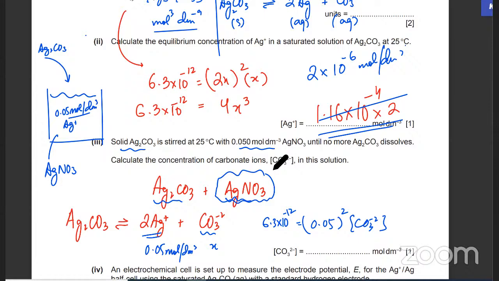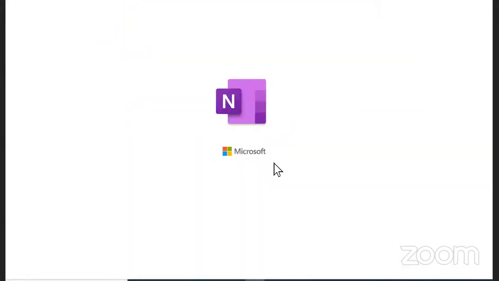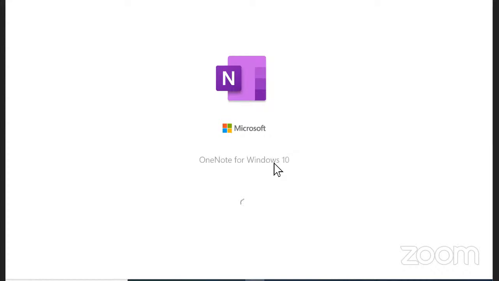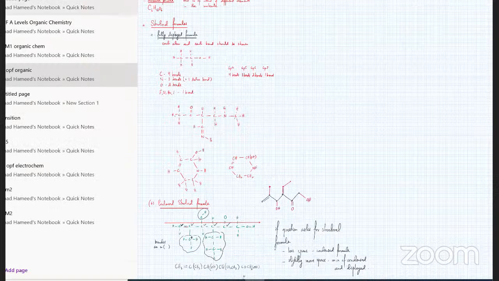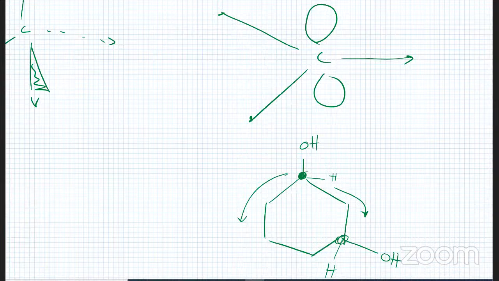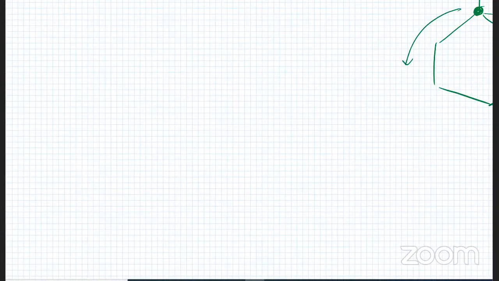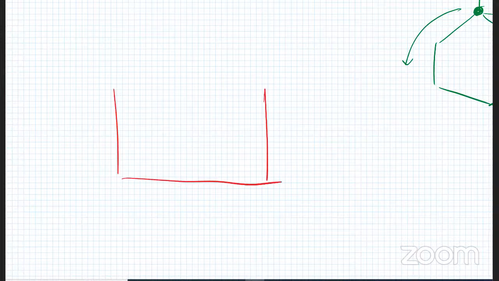Just 1 second. Quickly, if I draw this over here, you've got 0.05 mole per dm cube silver nitrate, right?